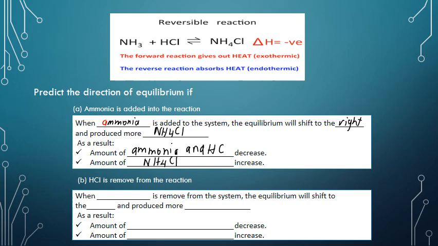So, macam mana nak hasilkan HCl? Nak shift ke mana? Ke kanan ke? Nak shift ke kiri? So, when HCl is removed from the system, the equilibrium will shift to the left and produce more HCl. As a result, the amount of NH4Cl decreases and the amount of HCl and ammonia increases.